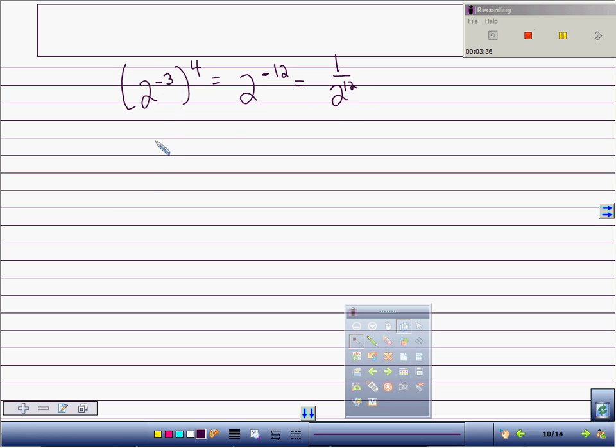Or you can think about this as 1 over 2 to the 3rd power, because a negative exponent means raised to the 4th power, which is the same as 1 to the 4th. What's 1 to the 4th power? 1. What's 2 to the 3rd to the 4th power? 2 to the 12th. So if you had it like this, you just raise both things to the 4th power. So these are the same.